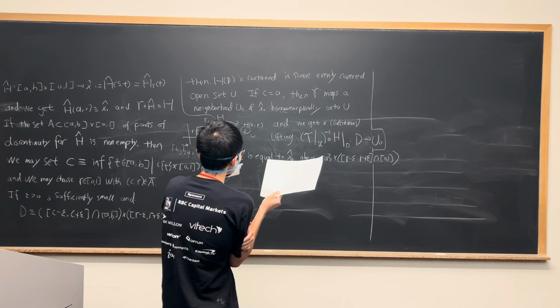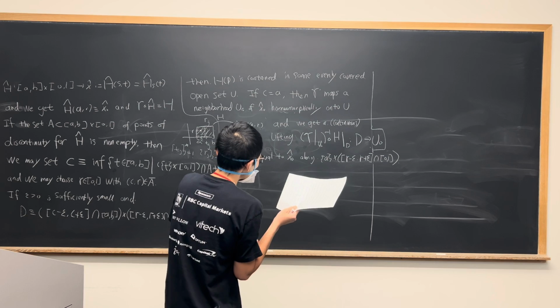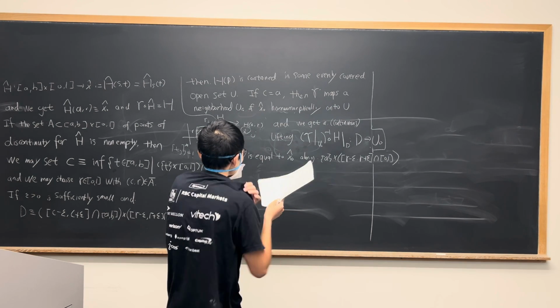Why is it a lifting? Because both H and this gamma on U are continuous.